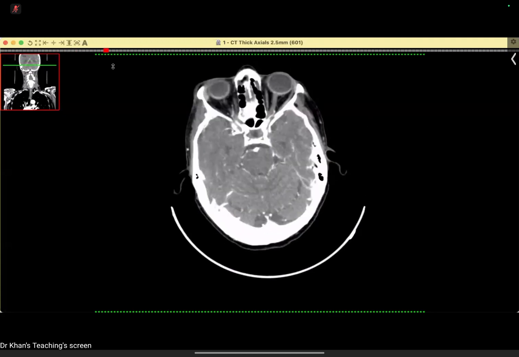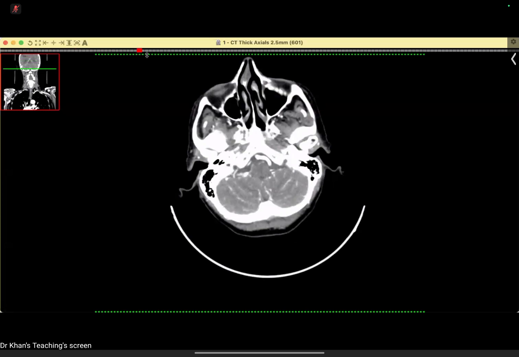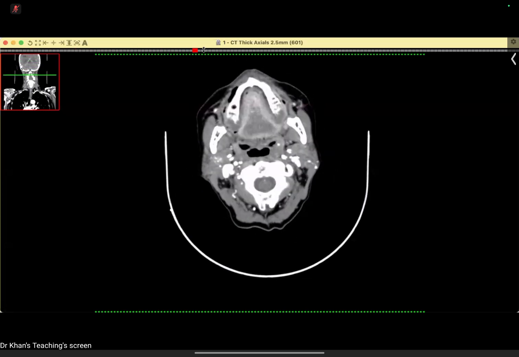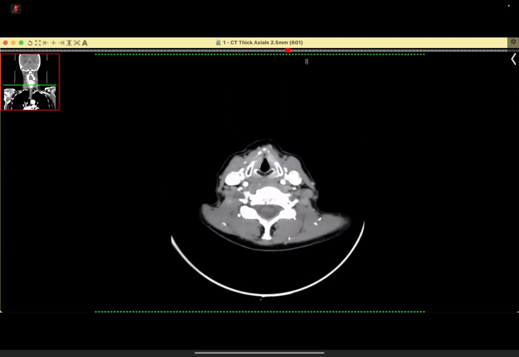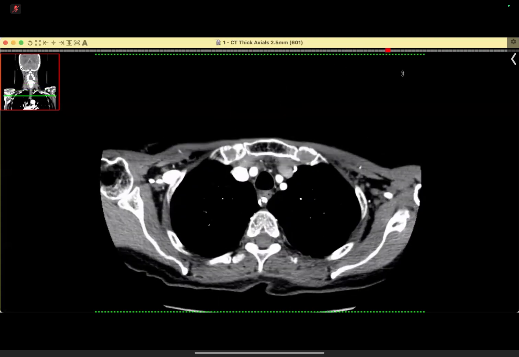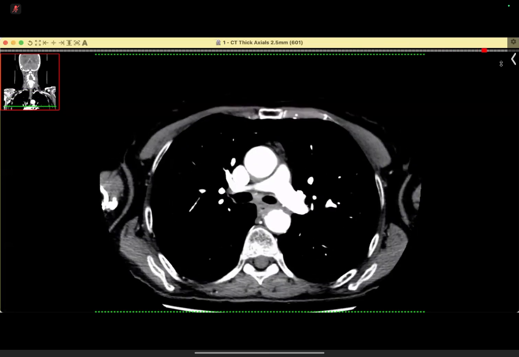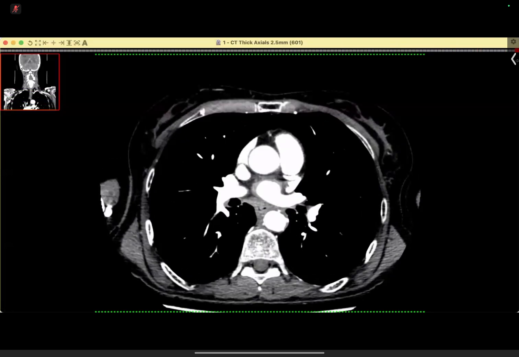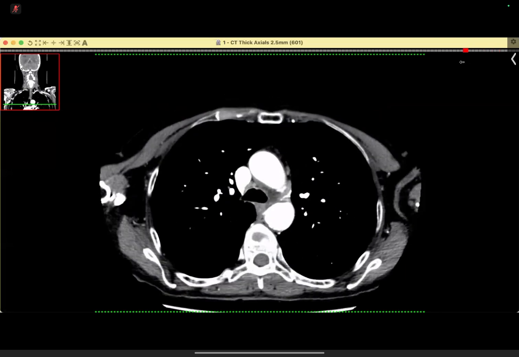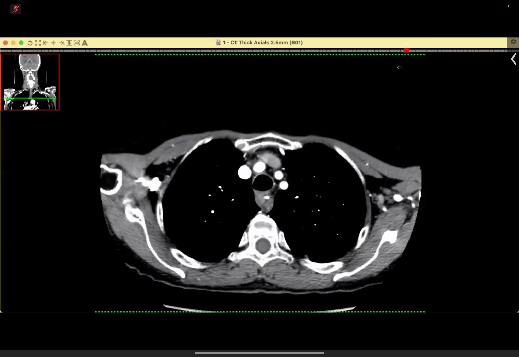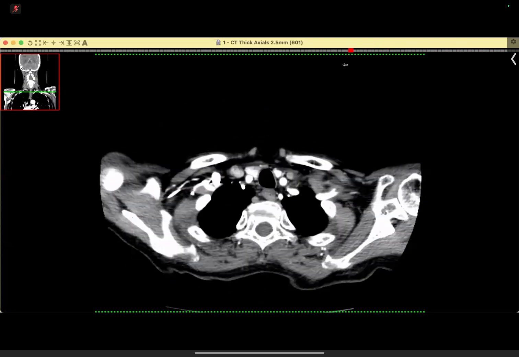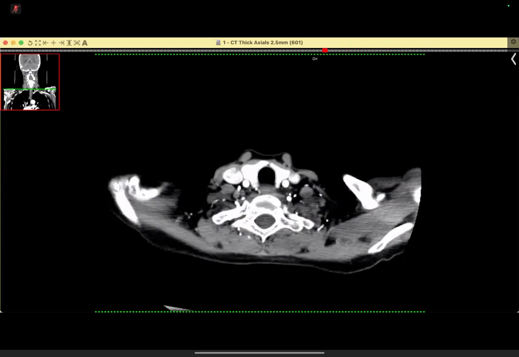Provided axial post-contrast axial sections of brain and neck in an angiogram study in an elderly female patient. I'm going through the images from top to bottom. I'm coming back to the scan.